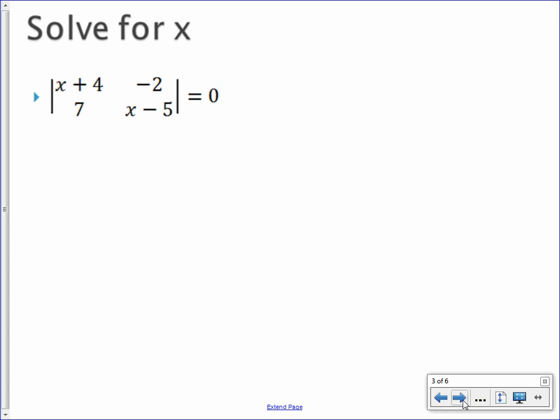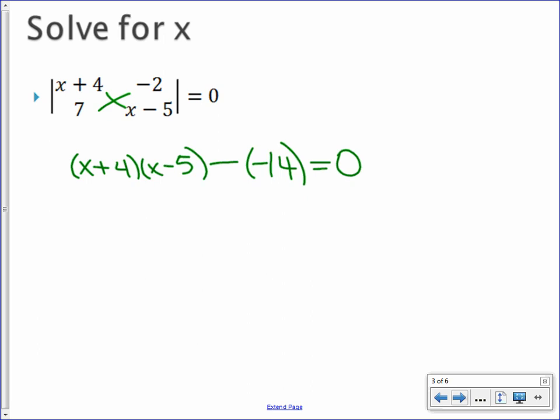You see those straight up and down lines, which means on the left side we need to compute the determinant. How do we do that? Criss minus cross. And we know that the determinant must equal 0.